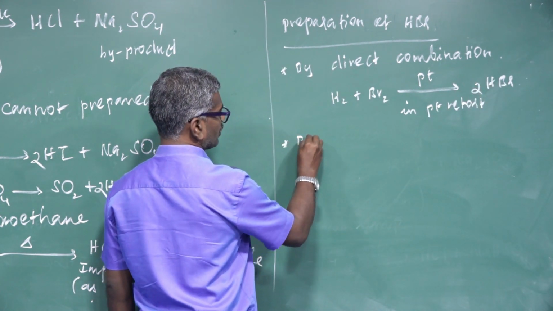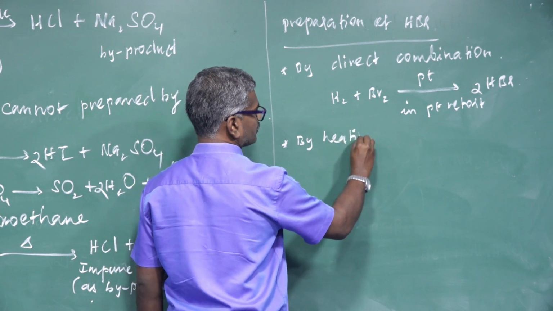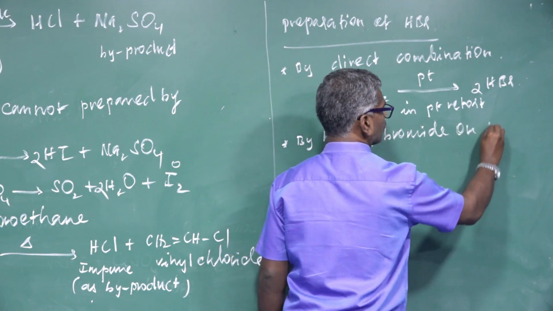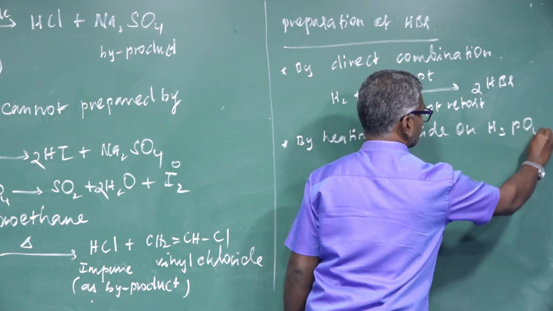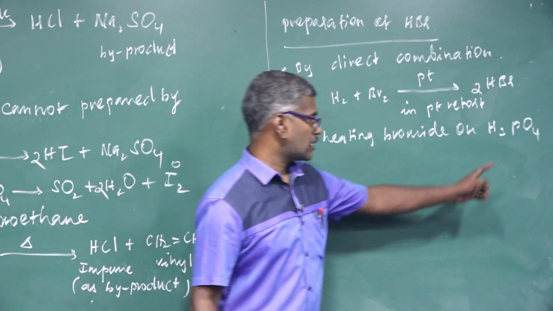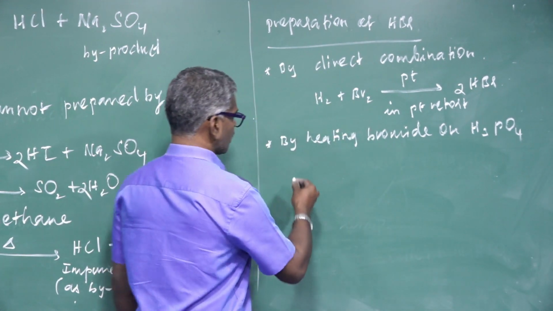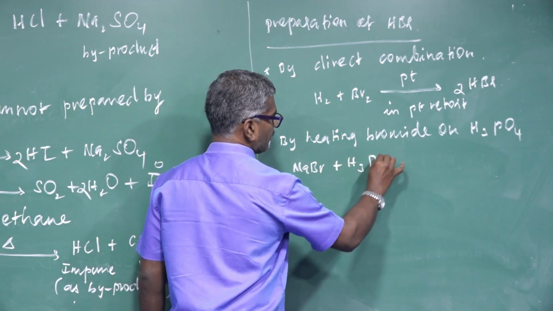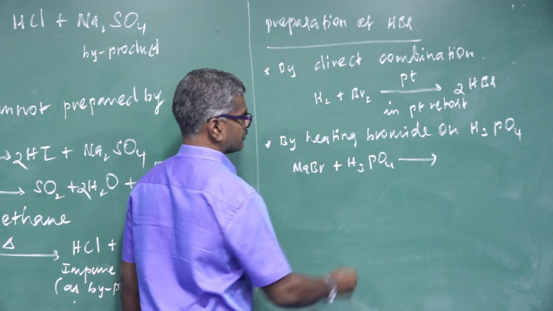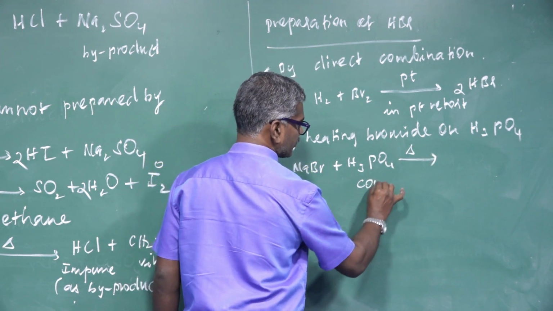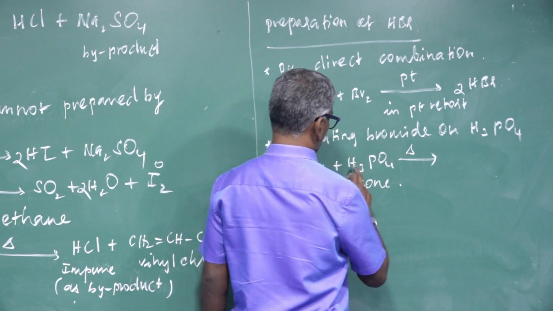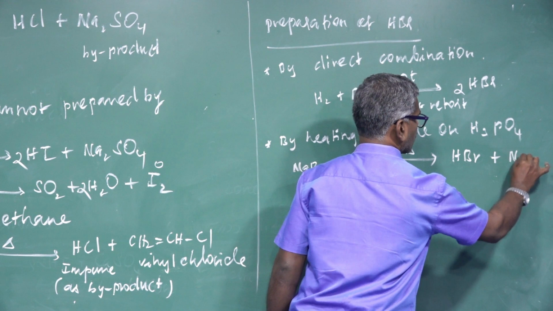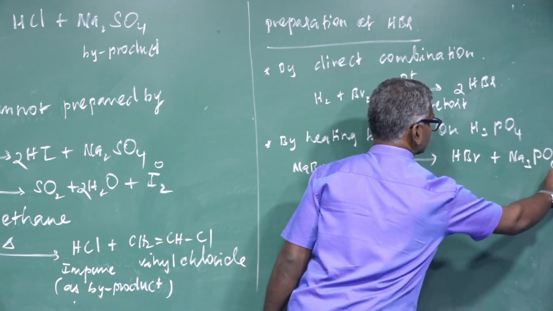Another method, by heating bromide with orthophosphoric acid. The formula of orthophosphoric acid is H3PO4. This reacts with sodium bromide; when concentrated H3PO4 is heated, hydrogen reacts with Br to form HBr plus sodium phosphate.